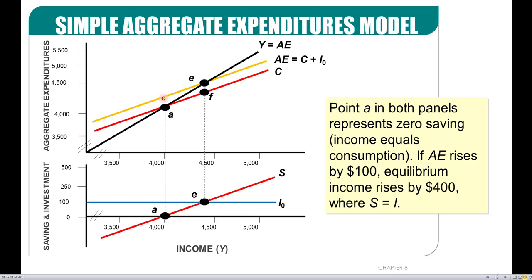So it's going to be in the best interest of firms and corporations to ramp up their production and hire more workers. As they hire more workers, we notice that incomes start to rise as well, and they're going to keep on rising until we hit point E. And at point E, this is where our model line now intersects the 45-degree line reference. And what do we notice about expenditures and income? We notice that aggregate expenditures equals $4,400 and income equals $4,400 as well.